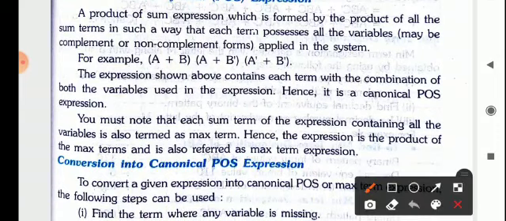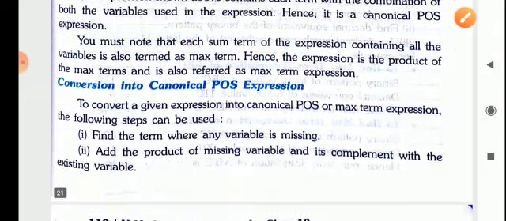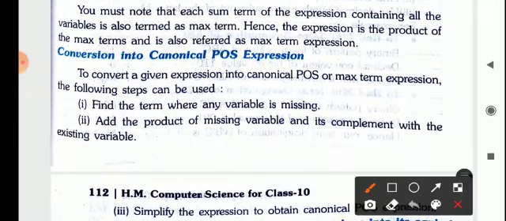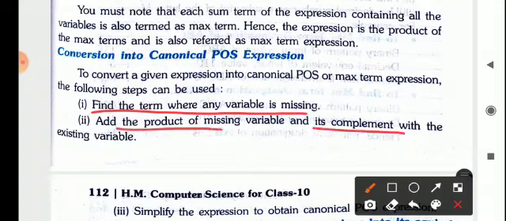Okay. Now you must have noticed that each sum term of the expression containing all the variables is also termed a max term. Each term in product of sum is known as a max term, and in sum of product it was a min term. Now let us see the rule of conversion, how to convert an expression into canonical POS. First of all, find the term where any variable is missing, and add the product of the missing variable and its complement.